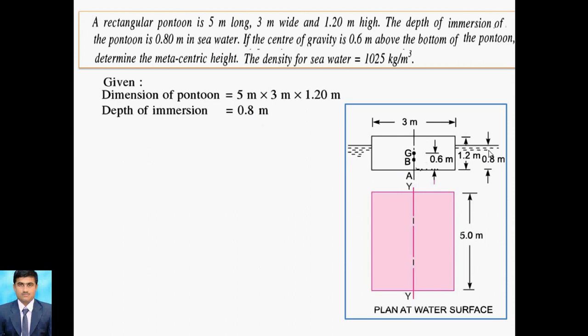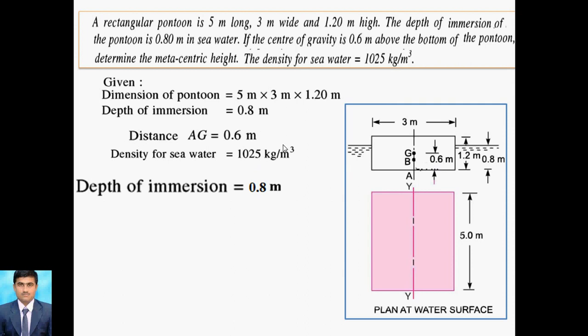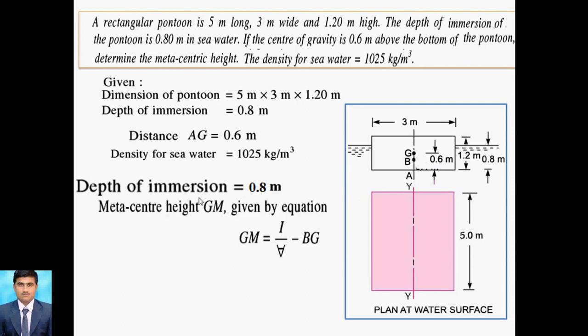Distance AG is given as 0.6 in the figure, and the density of water is also given as 1025 kg per meter cube.